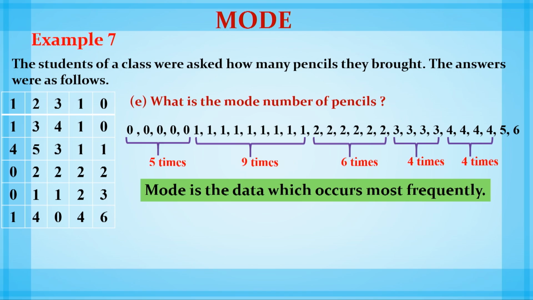Now remember, the mode is the data which occurs most frequently. Therefore, the modal number of pencils is 1.